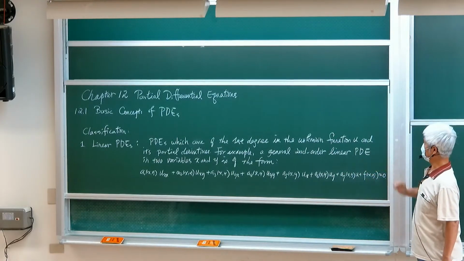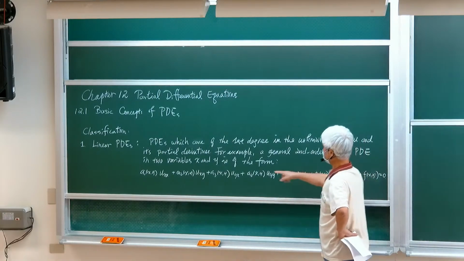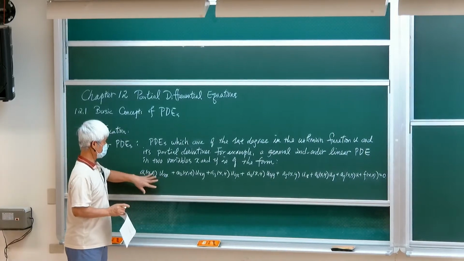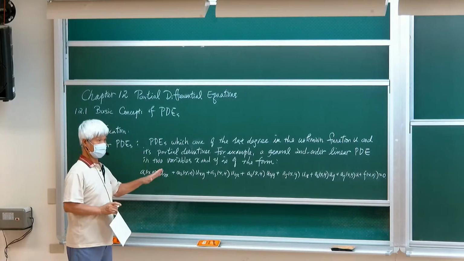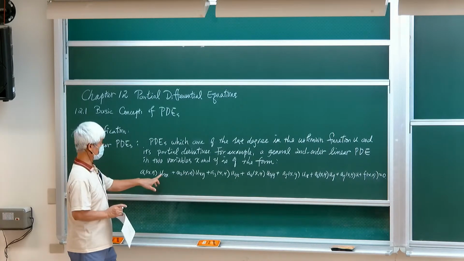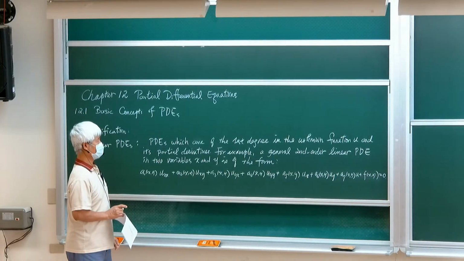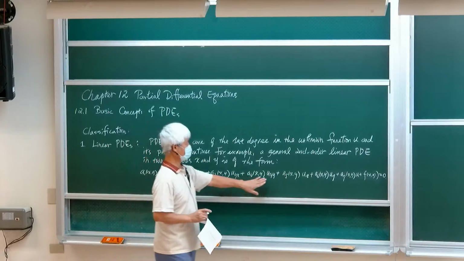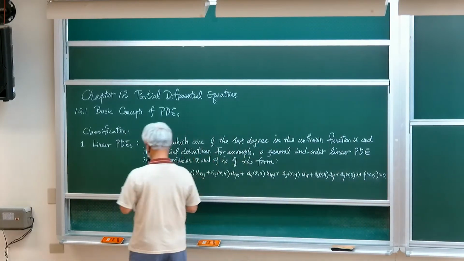So this is the most general form of second order, because the order of a partial differential equation is the order of the highest partial derivative to appear in the equation. So you can see these four are all possible second order partial derivatives of u. Okay, and you can see the coefficients are functions.